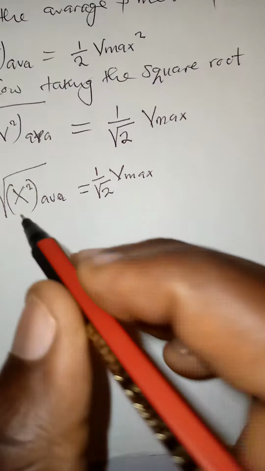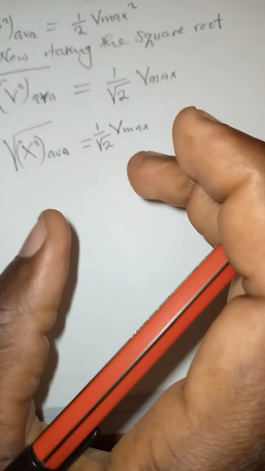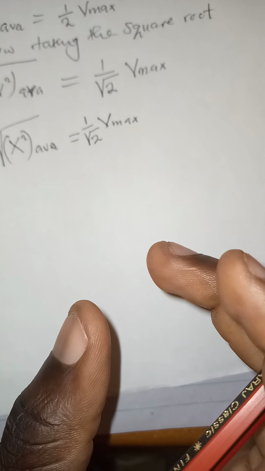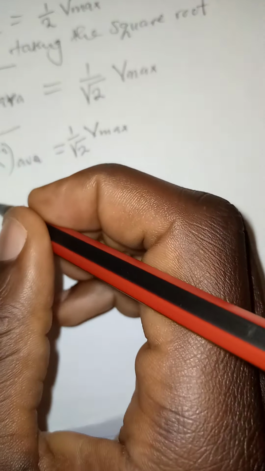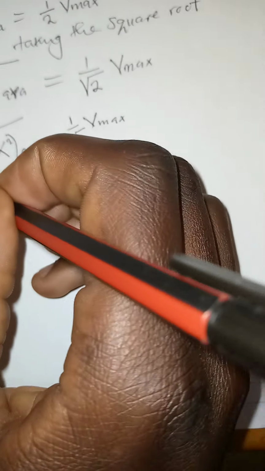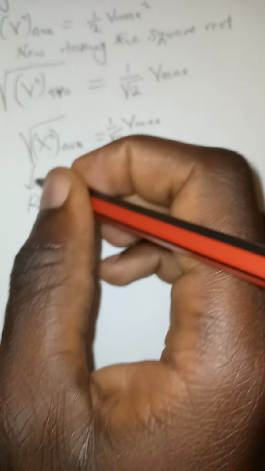From this, that's where we are having now something which we normally call RMS. So this gives us RMS. This square is simply the root. So this simply means root.